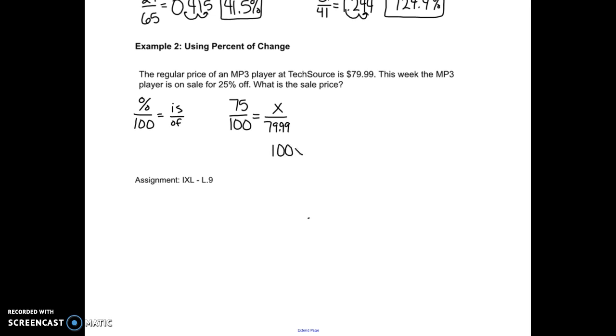So we've got 100x, and then 75 times 79.99 is going to be 5,999.25. We're going to divide both sides by 100. If I divide by 100, I move my decimal twice to the left. So x is equal to 59.99. So that's my sale price.